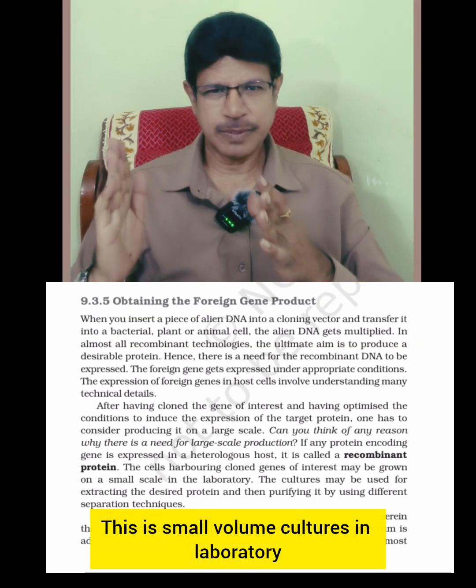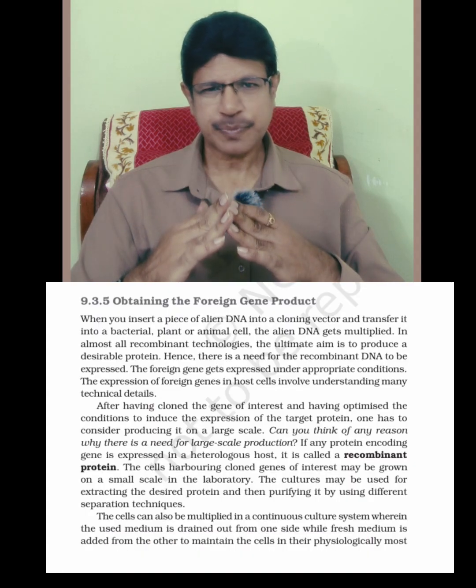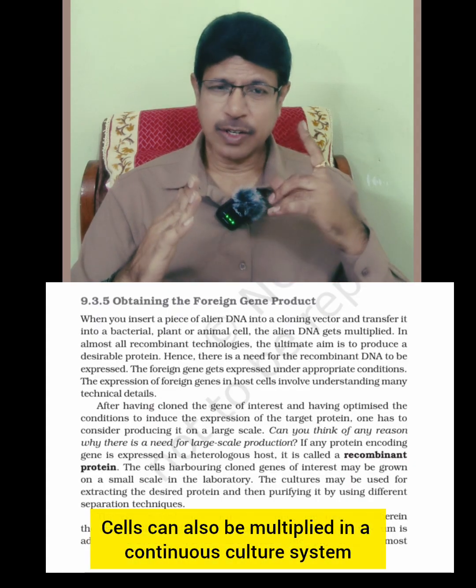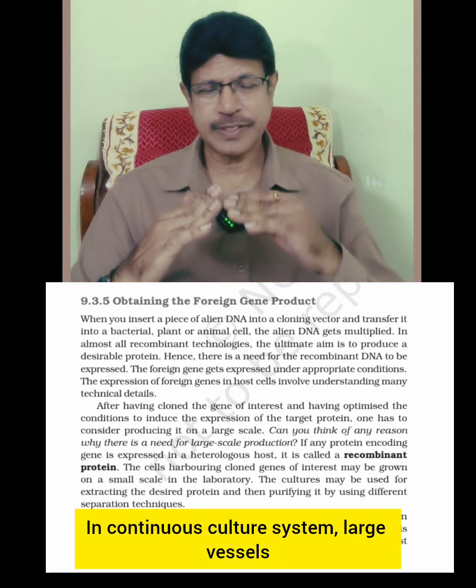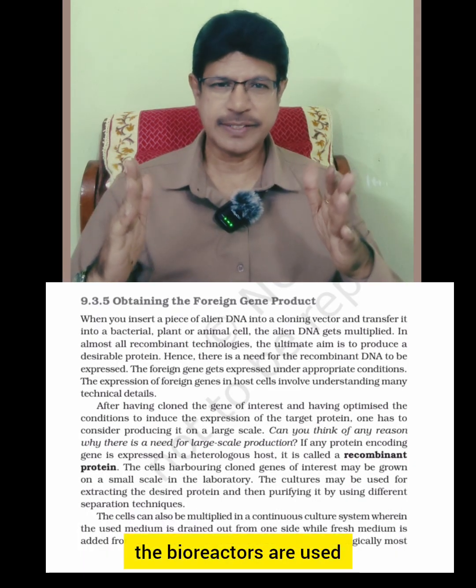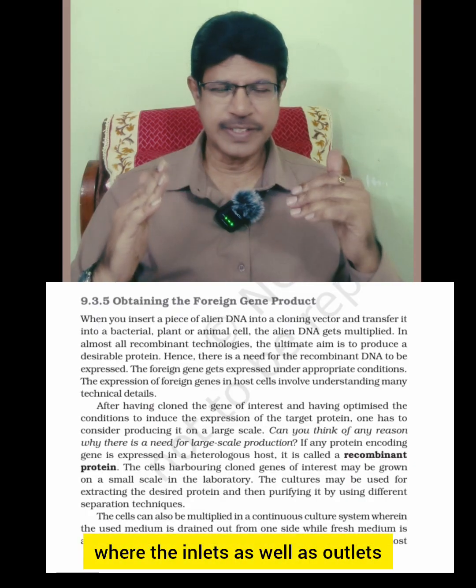This is the small volume culture laboratory method for certain products. Cells can also be multiplied in a continuous culture system.